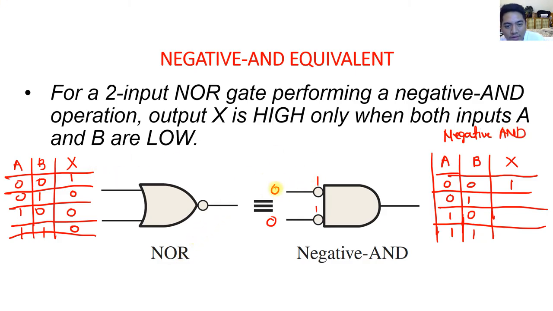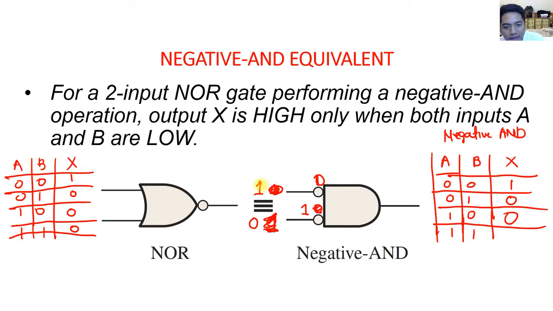How about if you have 0 and 1 here? The 0 becomes 1, and the 1 input becomes 0. So 1 times 0 would be 0. Same result if you have 1 and 0 here. This would be 0 and this would be 1, so 1 times 0 would be 0.